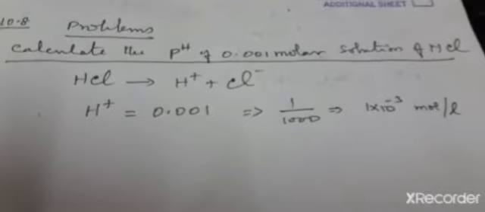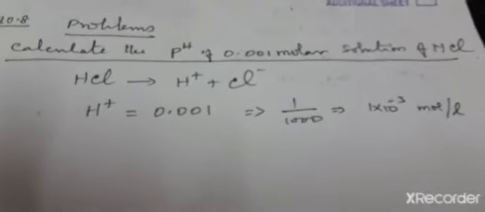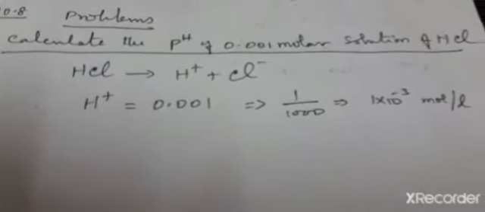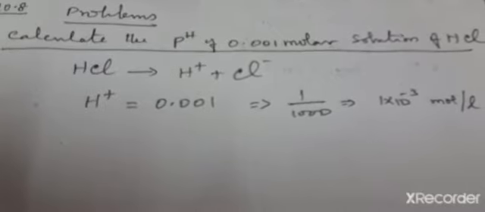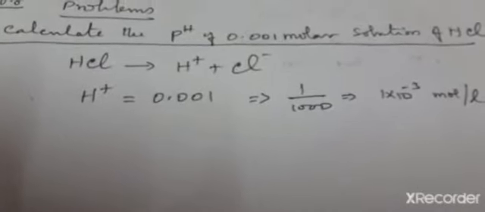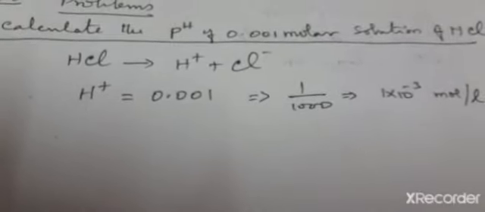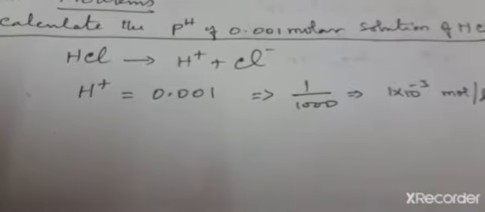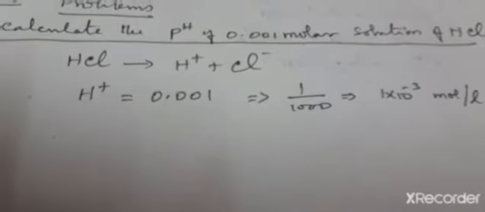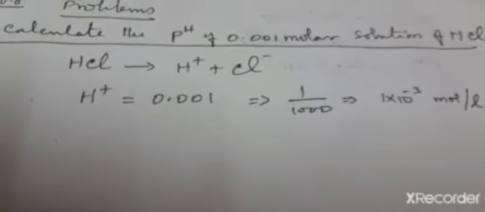When hydrochloric acid or sodium hydroxide are in aqueous solution, they displace H plus ions or hydroxyl ions. So HCl displaces H plus ion, which means this is an acidic solution. So we are going to use the pH formula, the power of hydrogen ion concentration.